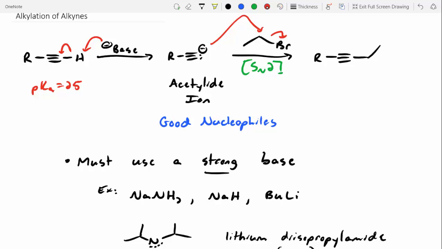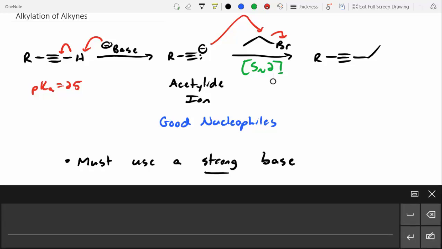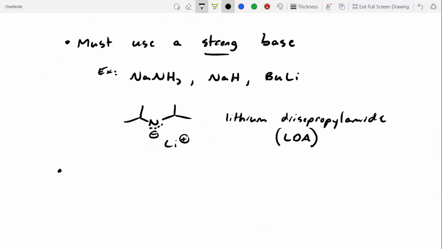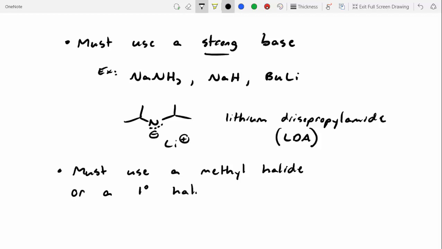If it's a tertiary carbon, you're not going to get an SN2 reaction. So you must use a methyl halide or a primary halide. Tertiary halides are too hindered.